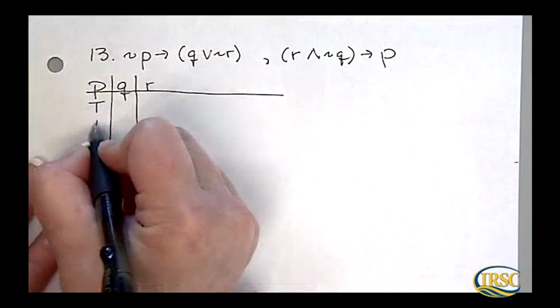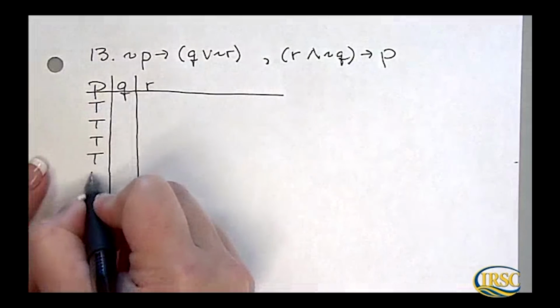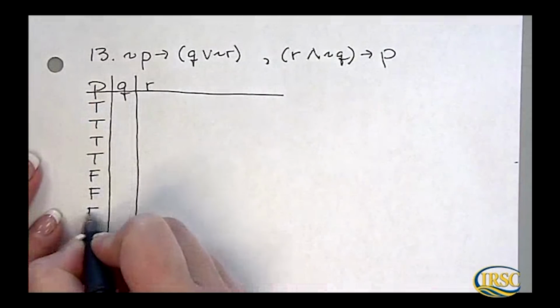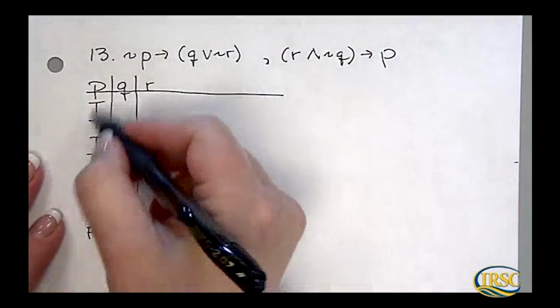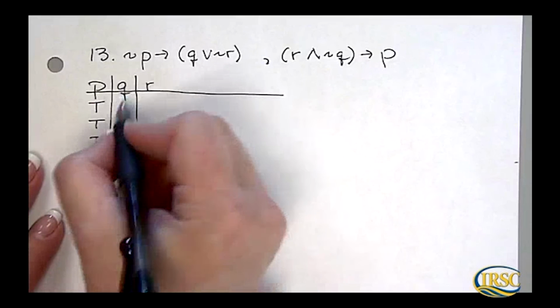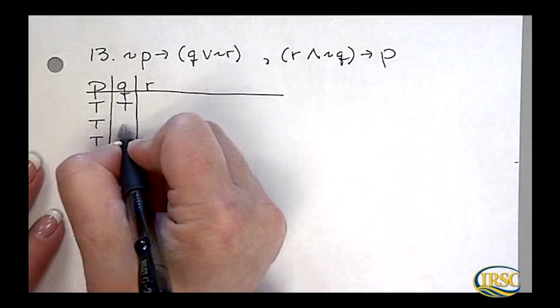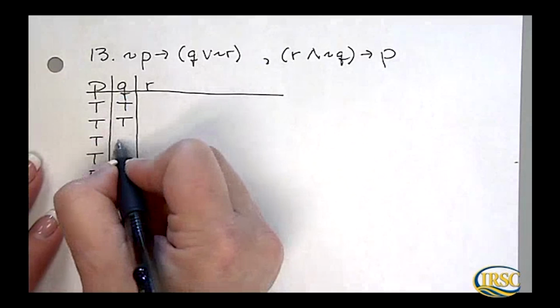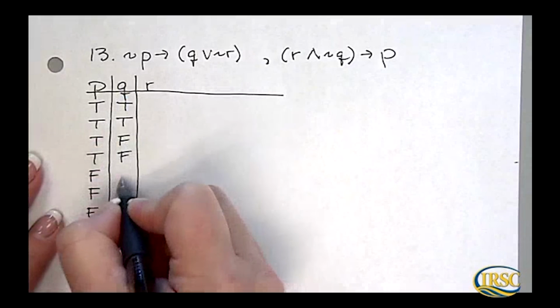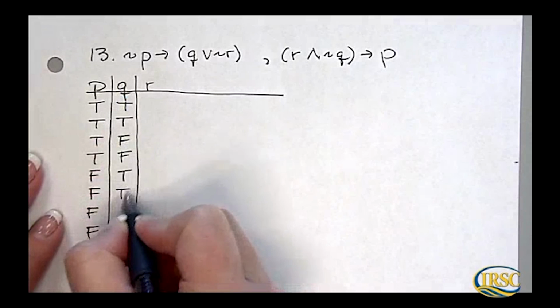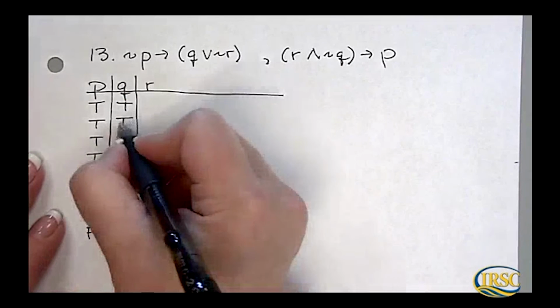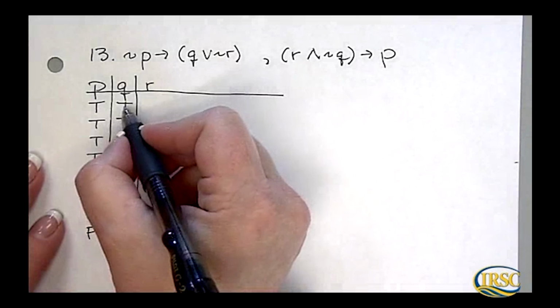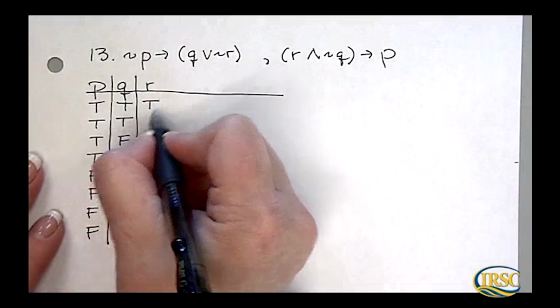Okay, so for P, the first half are true, second half are false. We have 4 truths in the first column, so we want to take half of that and alternate by pairs: true, true, false, false, true, true, false, false. And then we start out with 2 truths in the second column, so in the third we want half of that to alternate.